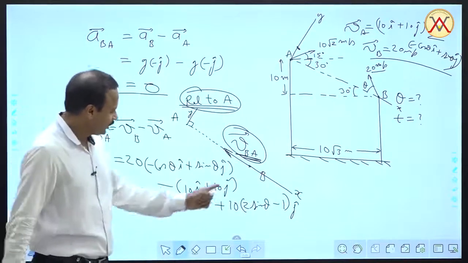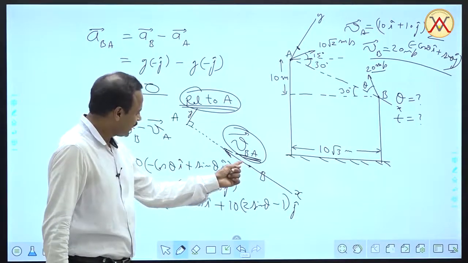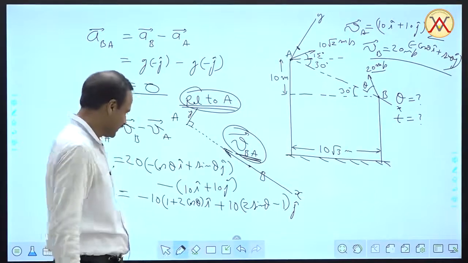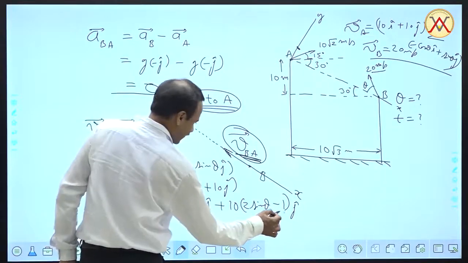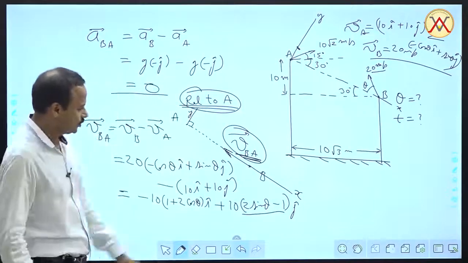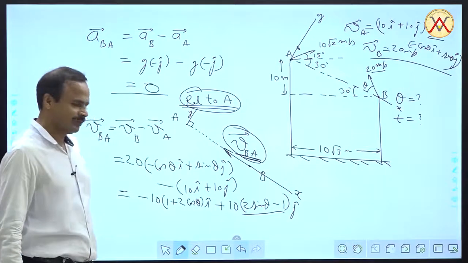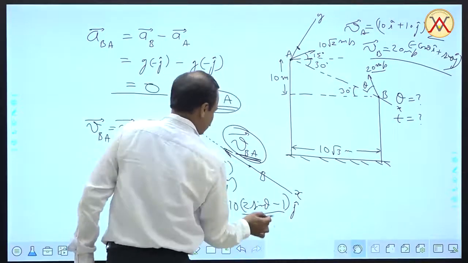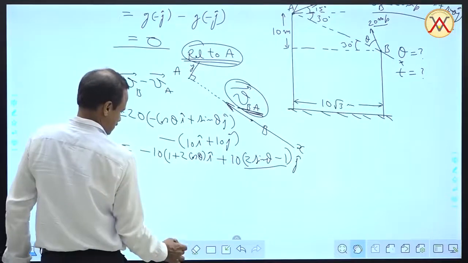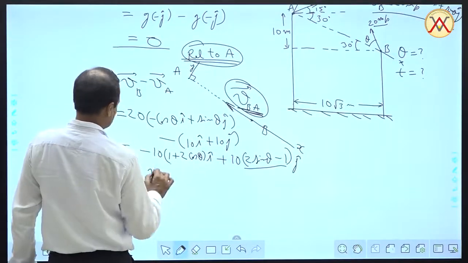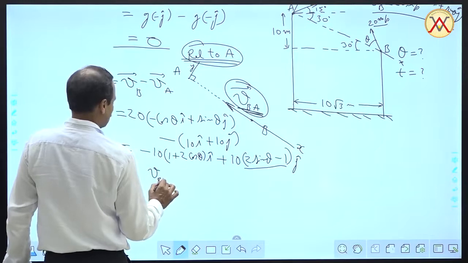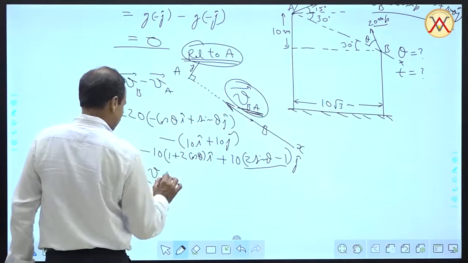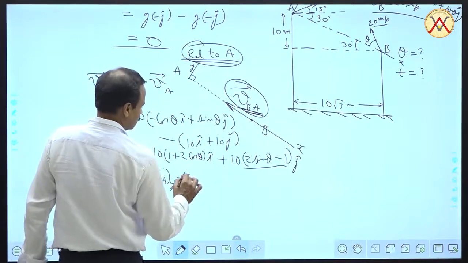Alright, I want the velocity of B relative to A to have only an x component. It should not have any y component, isn't it? So I will put the y component to be 0, which means the y component of VBA we want to be 0.